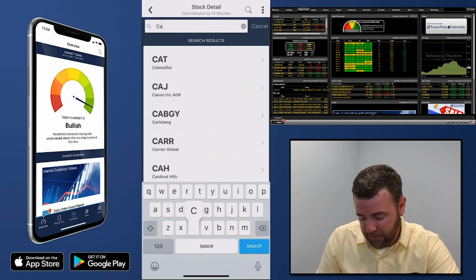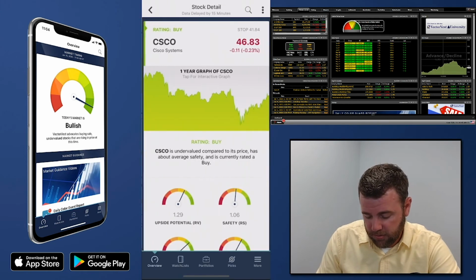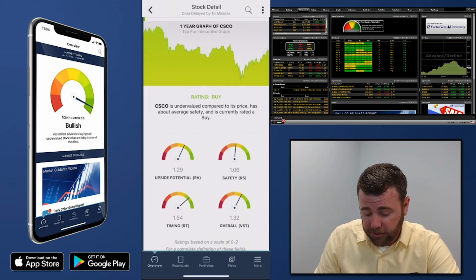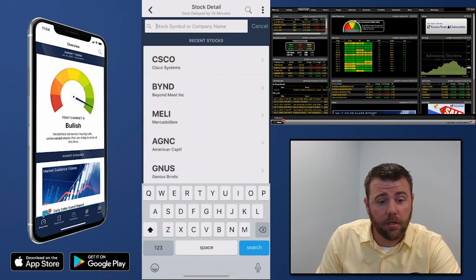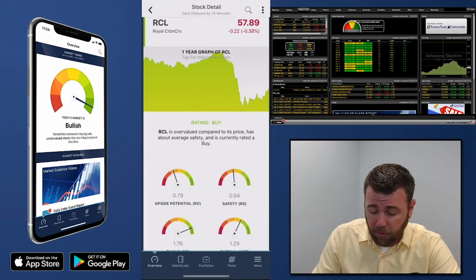CSCO, let's see. Oh, there we go. CSCO, good long-term potential, less risk associated with it. You have a nice steady uptrend. Therefore, the stock's favorable. RCL, poor long-term potential, a lot of risk associated with it.